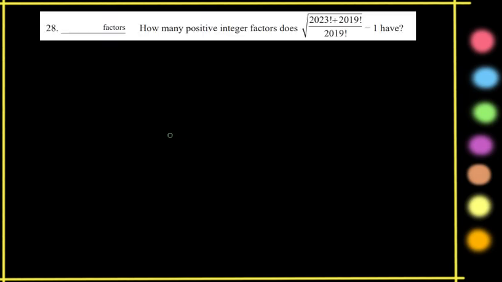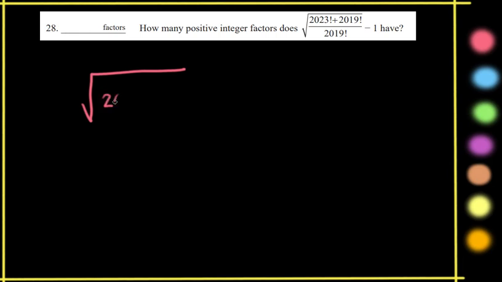This one gets a little interesting. So here we have a question that asks, how many positive integer factors does this giant thing have? The first thing you can do, which you might feel good about, is you can cancel out the 2019 factorial. And that is in fact the first step here.